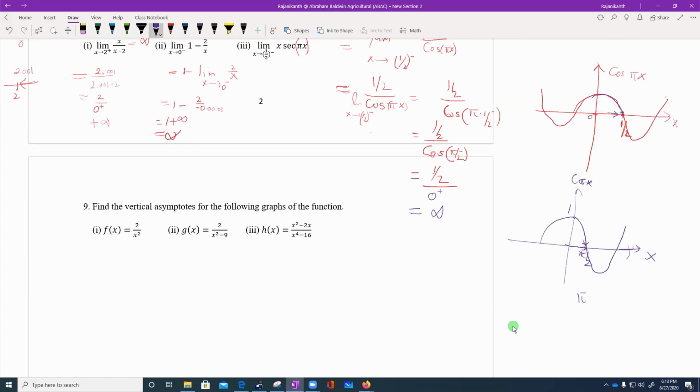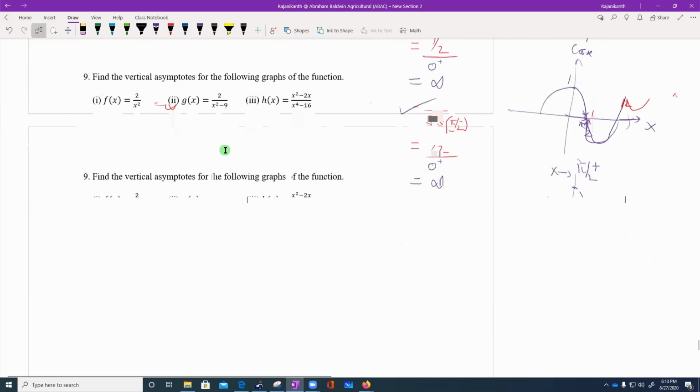Suppose if you are asked to find, x approaching pi over 2 from the right side, then your 0 from the right side should be under the x-axis, below the x-axis. So it should be negative number very close to 0. But in this case, we got positive because of the left. Okay? So make sure that you understand that concept.